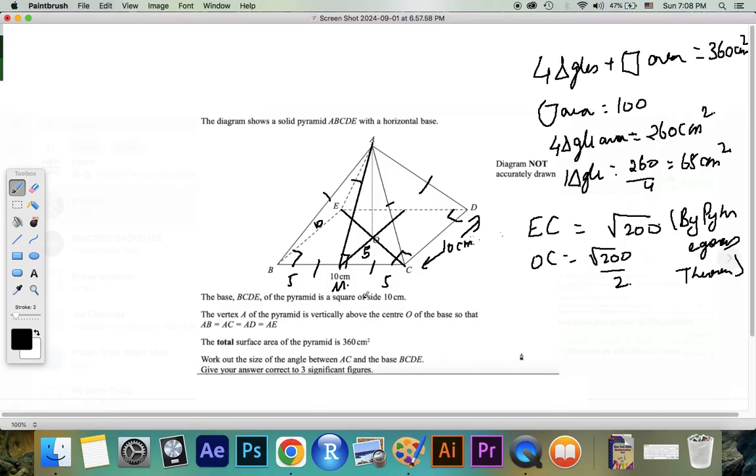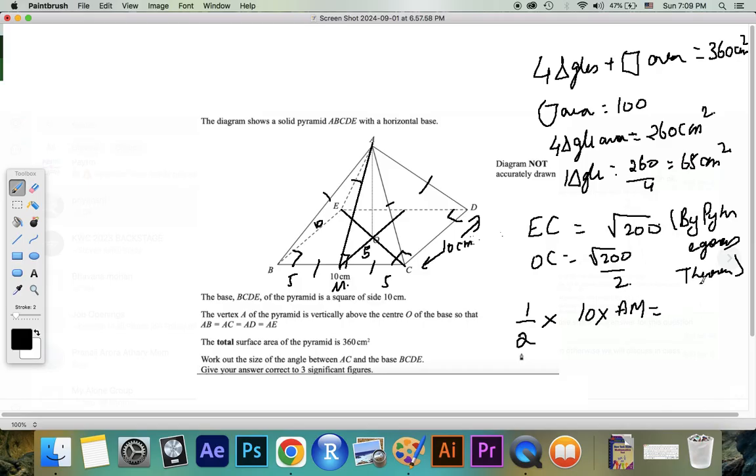So now what can we do? We have one side which is OM, right? We can find that. We know the area of triangle ABC is 65 centimeters squared. So half into base, which is 10, into height. Let me take the height as AM.